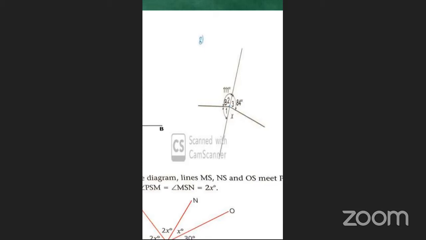Okay, guys, let's answer number G. Before I show you the paper, before I show you the answers, let's make our equation for number G, right?